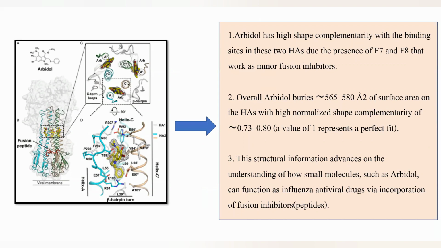It has a very high complementarity due to the presence of F7 and F8, which work as minor fusion inhibitors. All this structural information on Arbidol has enabled the scientist community to come up with superior drugs that can combat influenza A virus.